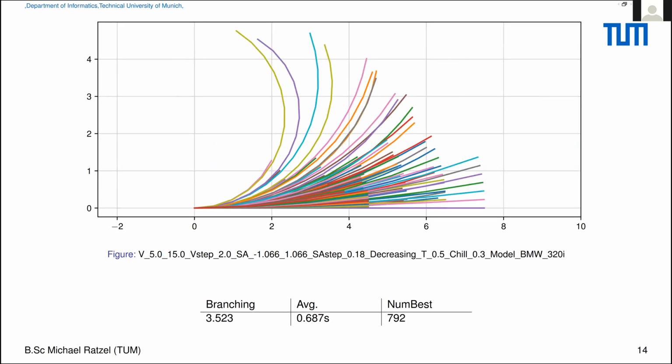It has a velocity range from 5 to 15 meters per second, with a velocity step of 2 meters, the maximum possible steering angle, with 7 interpolation steps, and a chill factor of 0.3, and it has a branching factor of 3.5, and provided nearly 800 of my best SM1 solutions. So that's all. Thanks for listening.